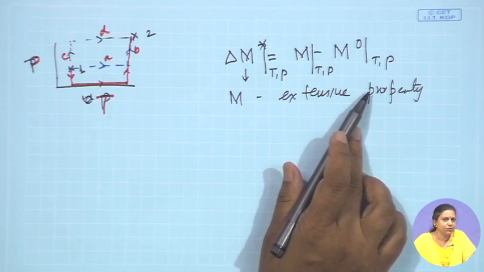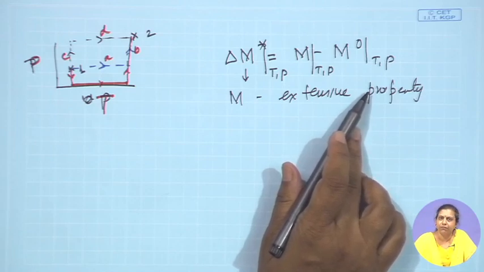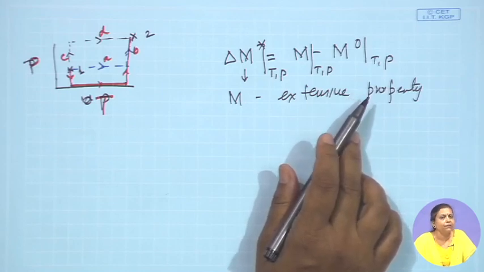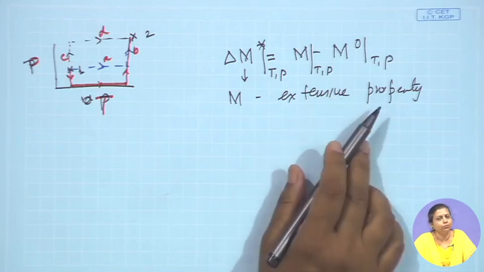In this particular lecture, we will primarily be confining our attention to the estimation of enthalpy and entropy, keeping in mind that from this we can also compute other properties at our wish.